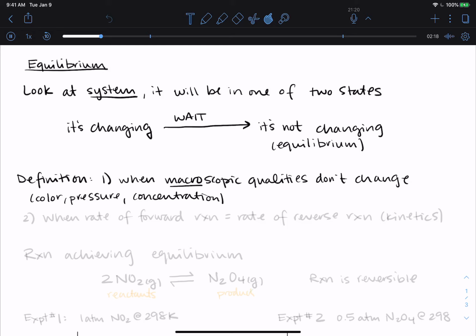And things like microscopic qualities, or even smaller than microscopic, so an individual molecule may undergo the reaction, but we'll have the reaction going back in the other direction, which actually lets us set up a second definition for equilibrium, which is when the rate of the forward reaction is equal to the rate of the reverse reaction.